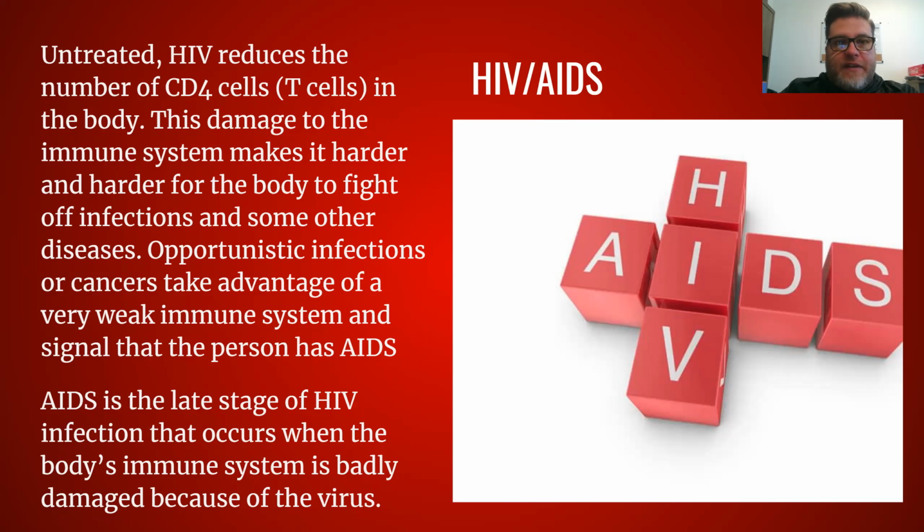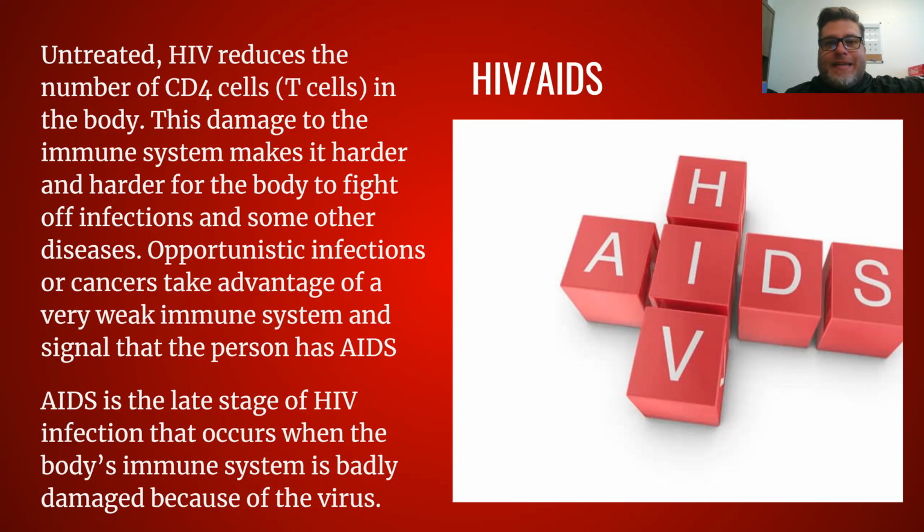Left untreated, HIV reduces the number of CD4 cells in the body. This damage to the immune system makes it harder and harder for the body to fight off infections and other opportunistic infections. So what we see with HIV is your body starts to lose those CD4 cells, and you basically become immunocompromised at that point.